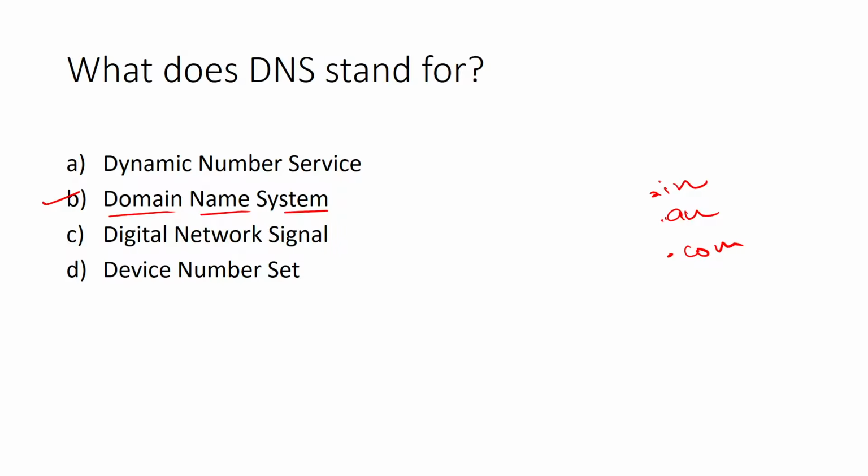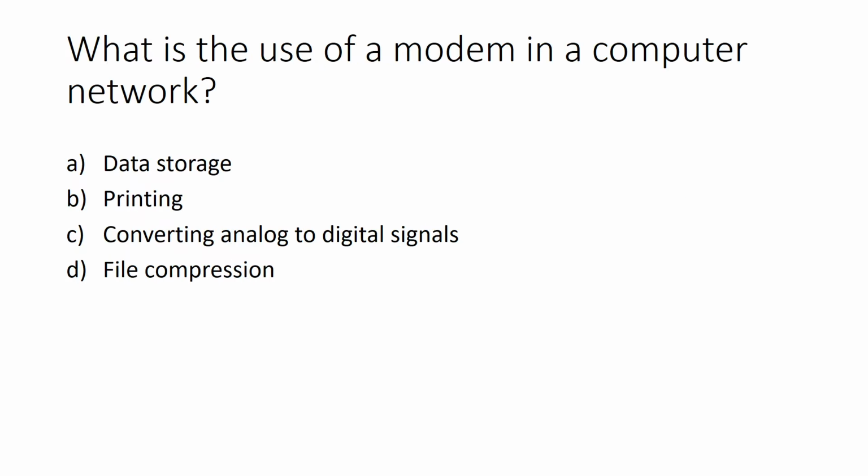Let's move ahead to our next question. What is the use of a modem in a computer network? Modem is also a short form. It stands for modulator demodulator. So what does it do?